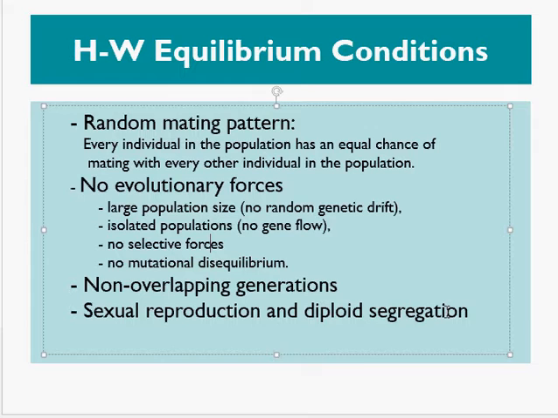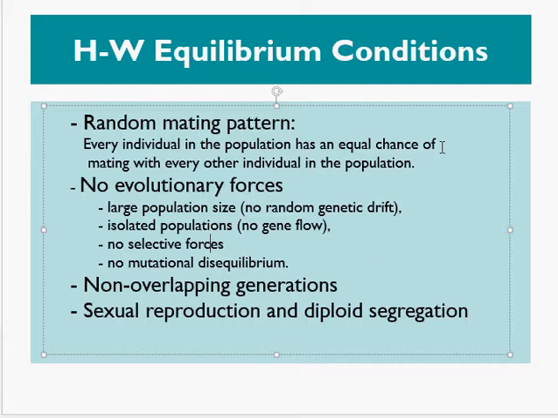Sexual reproduction means that recombination can occur, because it is through sexual reproduction that you get recombination and shuffling of the genes so that different alleles can be brought together in a random sort of way. So sexual reproduction must occur and diploid segregation must occur to meet Hardy-Weinberg equilibrium conditions.